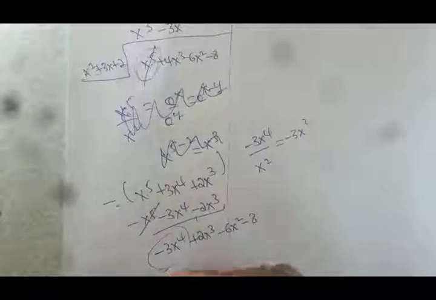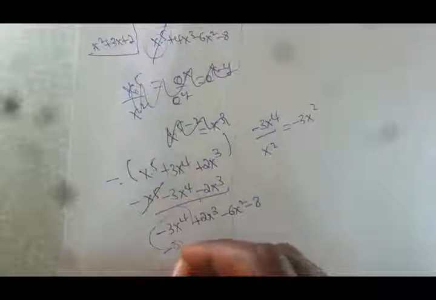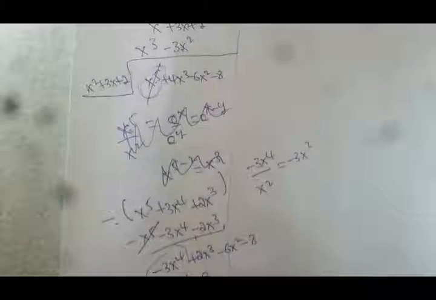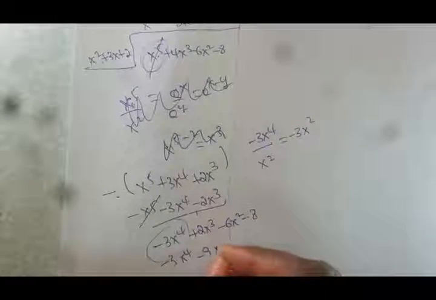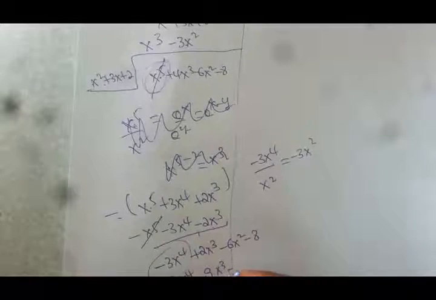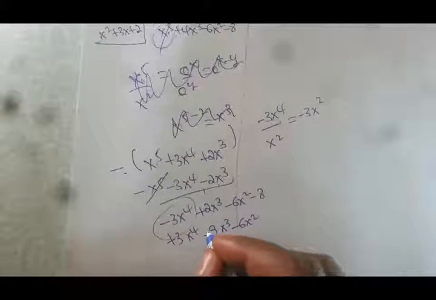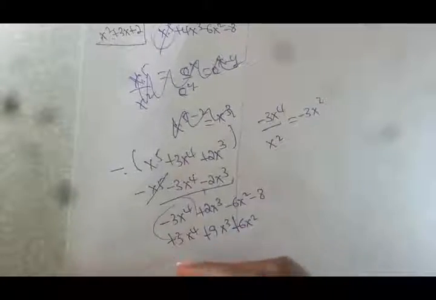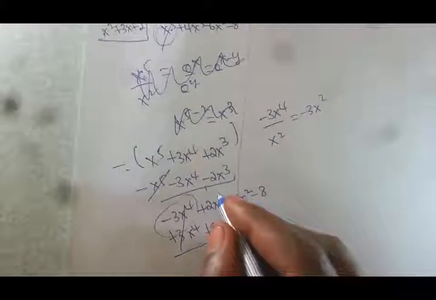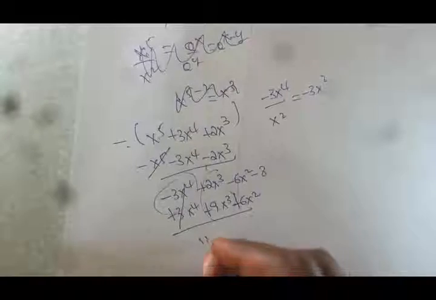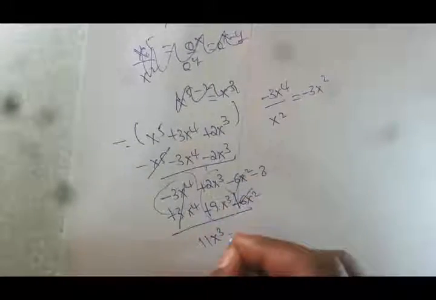When negative 3x squared is multiplied by x squared, this is equal to minus 3x raised to 4, minus 9x cubed, minus 6x squared. By the negative sign, each of these becomes positive. This will be cancelled, and this plus this is 11x cubed, minus 8.